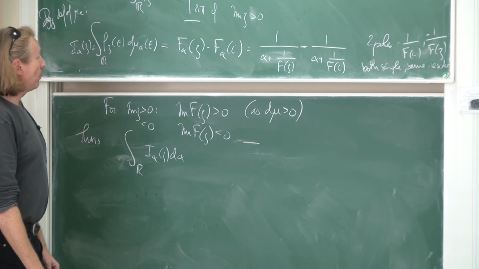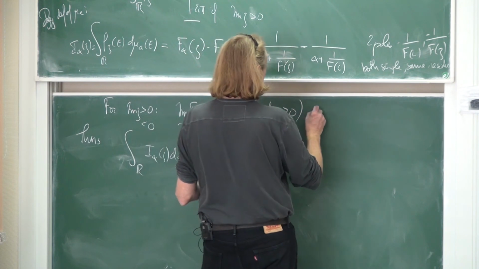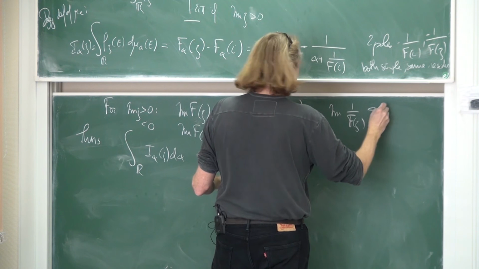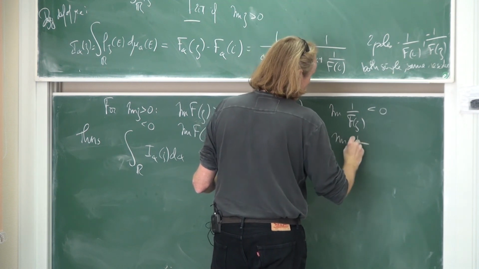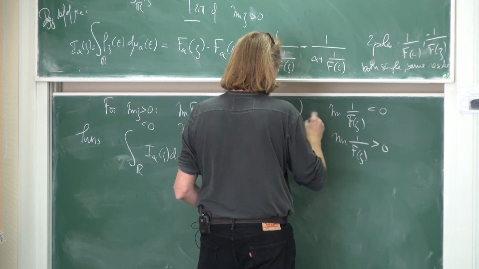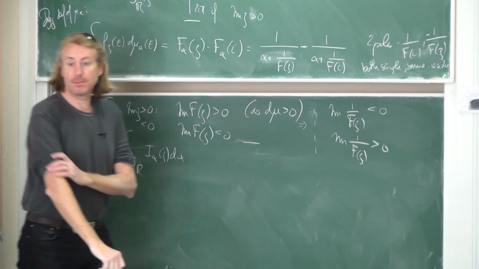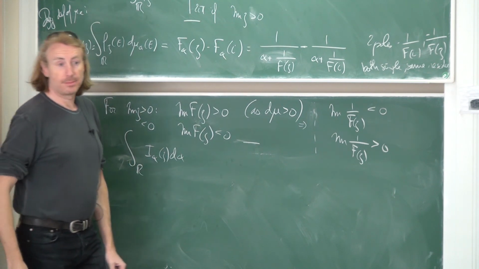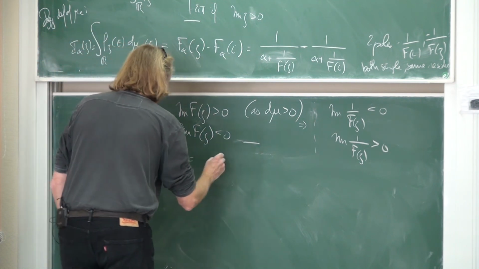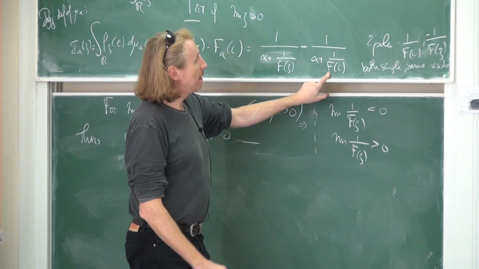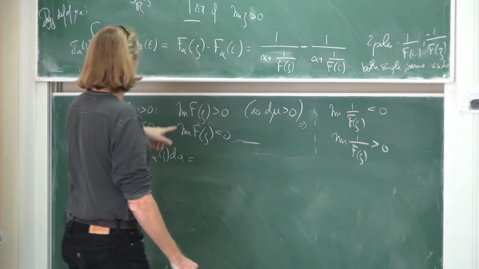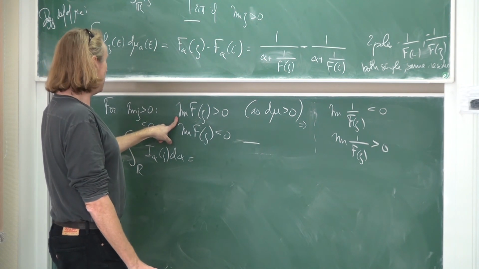What do we know? Well, we know the imaginary part. This tells you that imaginary part of 1 over f of z is negative, and imaginary part of 1 over f of z is positive, in the first case. And in the second case, we know that this is equal to the two poles. So this one, minus 1 over f of z, has its imaginary part on the same side if imaginary part of z is positive.